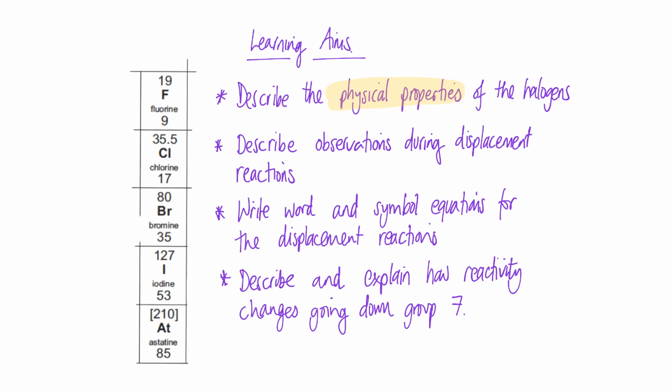We then started to think about the electron arrangement, and this led us to being able to describe and explain how the reactivity would change as we went down the group. So remember, we're always thinking here about going down the group. And we said that as we go down the group, the reactivity is decreasing. We have our most reactive element at the top of the group in fluorine.